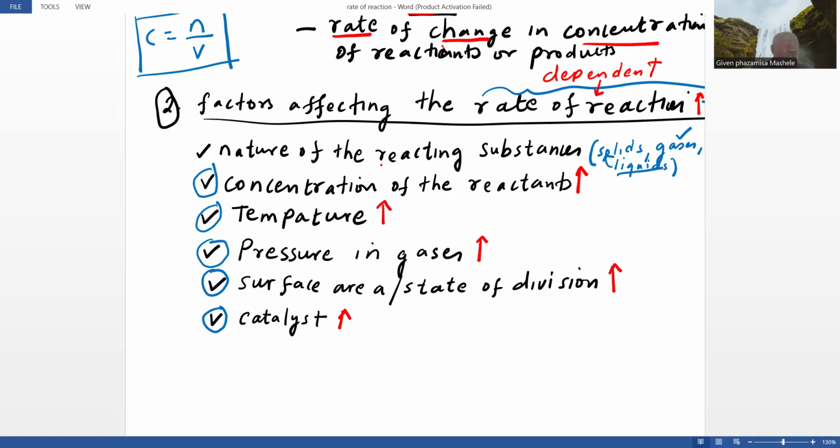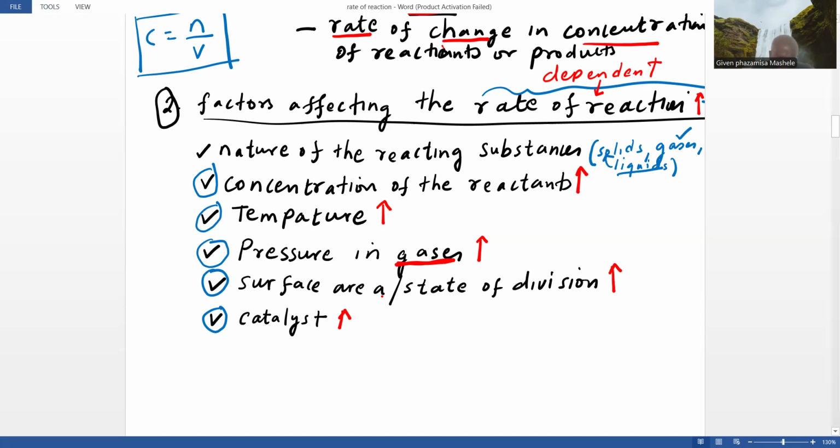Pressure applies to substances that are in gaseous form. So you need to check the state of phase of your reactants before you start deciding which factor is actually affecting the rate of reaction.